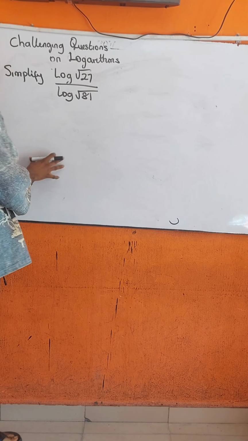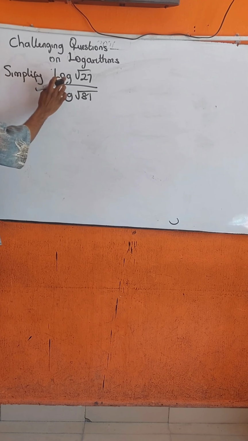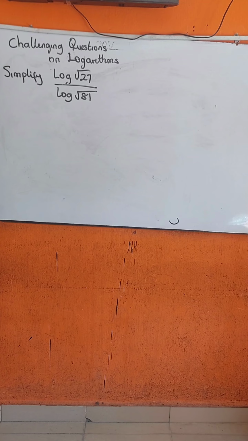Okay, look at this question carefully. Simplify log square root of 27 over log square root of 81. It's a very, very simple question.